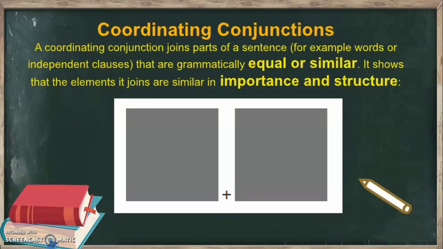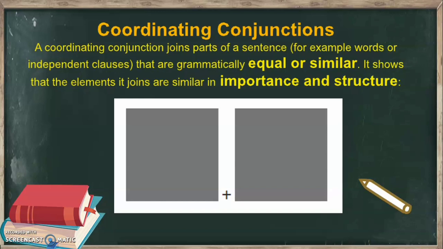Okay, so previously we talked about coordinating conjunctions, but I didn't give you the illustration in the last episode, because it will be really long if I include these illustrations.